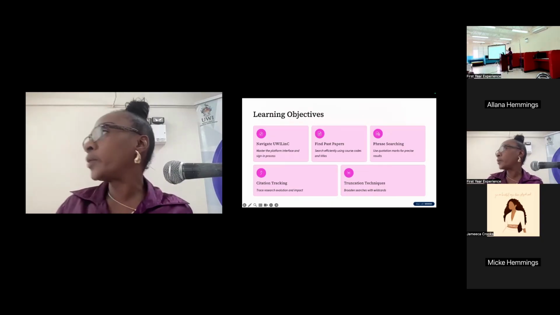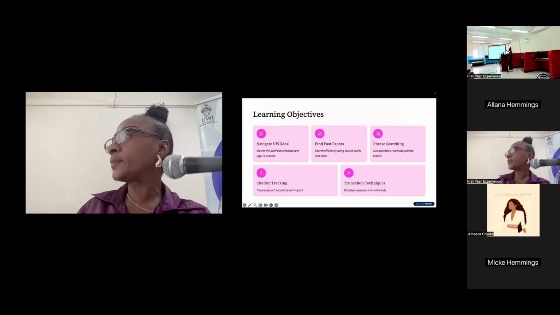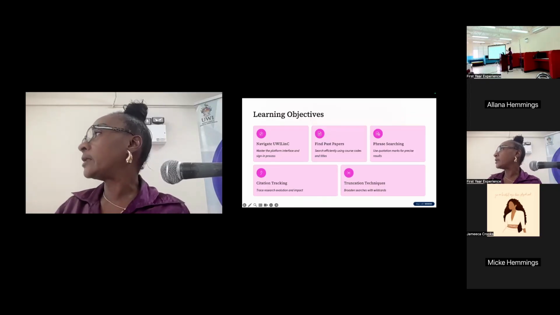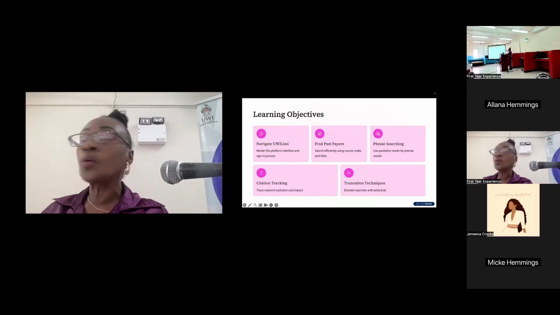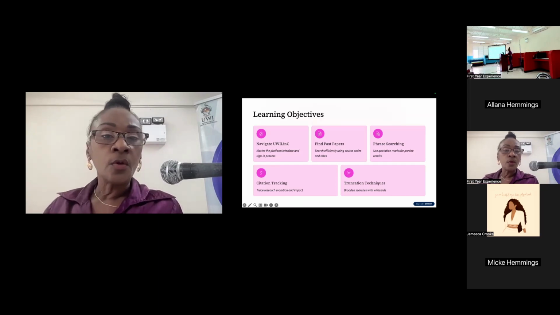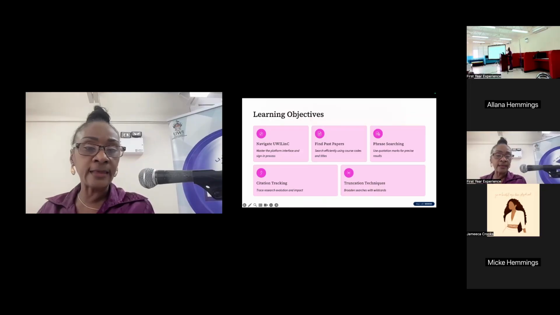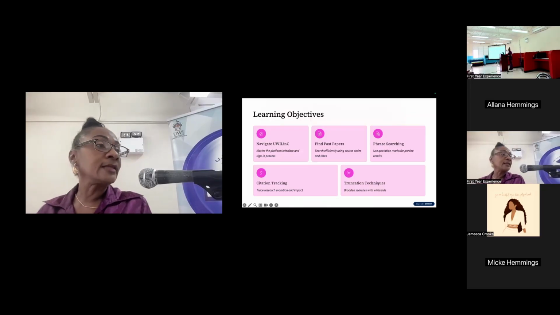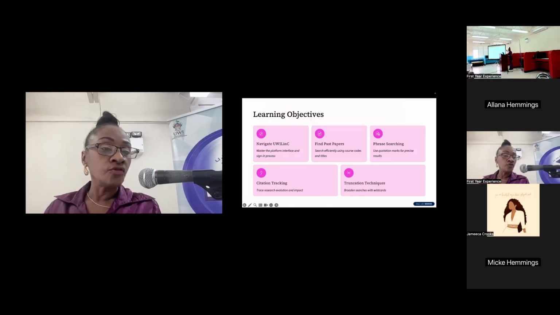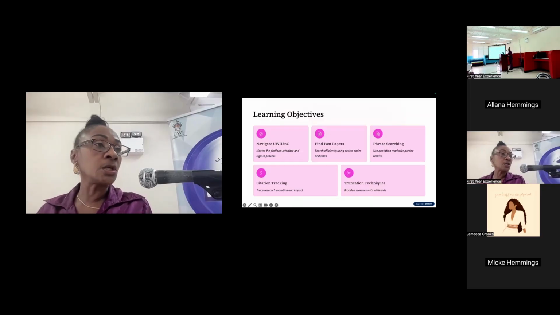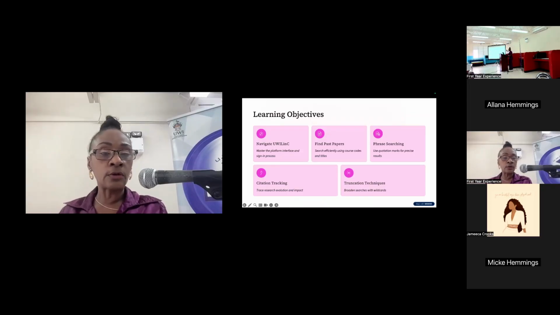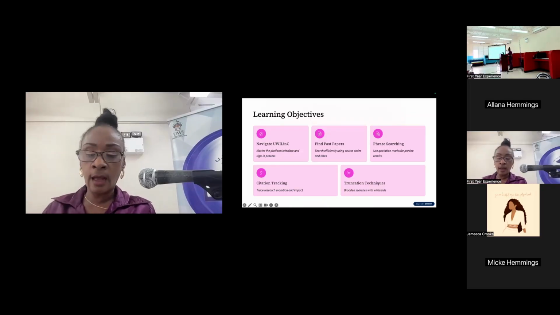We look at how we can go about finding past papers, searching efficiently using the course code and title. We're going to look at tips such as phrase searching, using double quotation marks for precise results, and citation tracking to trace research evolution and impact. Truncation is another technique we're going to look at, which broadens the search, and you can use wildcards as well.